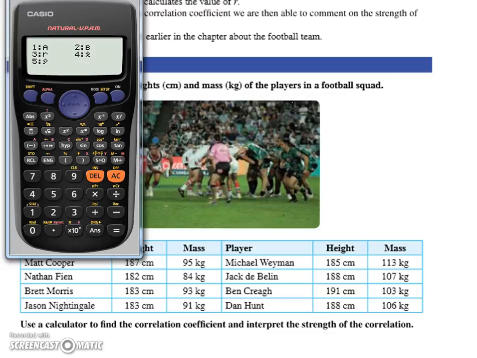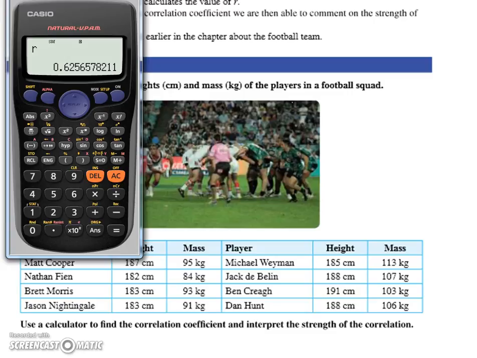The only one you want is R. So the only one we want is R, number 3 on my calculator. It may be different if you've got a different model. And that is your correlation coefficient. You're done. You've got it.